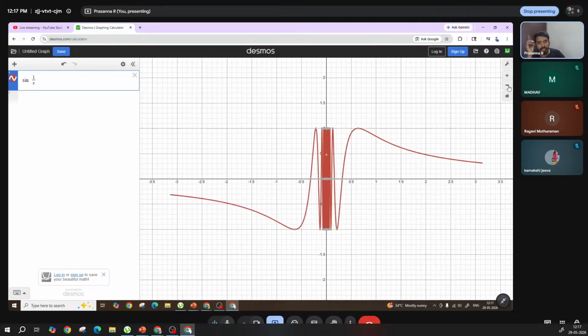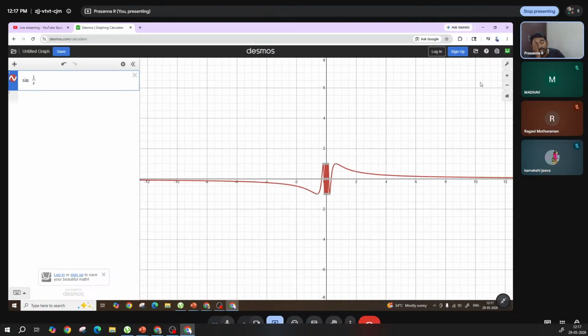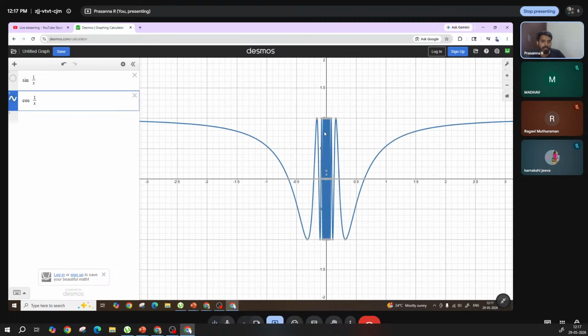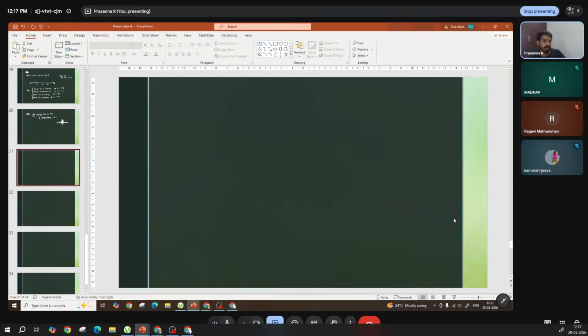So for sine 1 by x, when x is tending to 0, the limit does not exist. And similarly for cos 1 by x also, when x is tending to 0, it is the same thing. It will flutter between minus 1 and 1. Both sine 1 by x and cos 1 by x will flutter between minus 1 and plus 1.